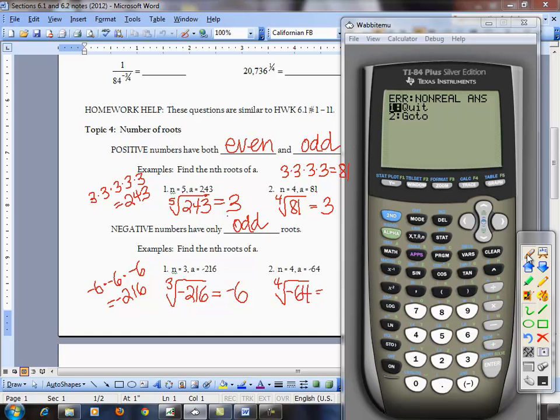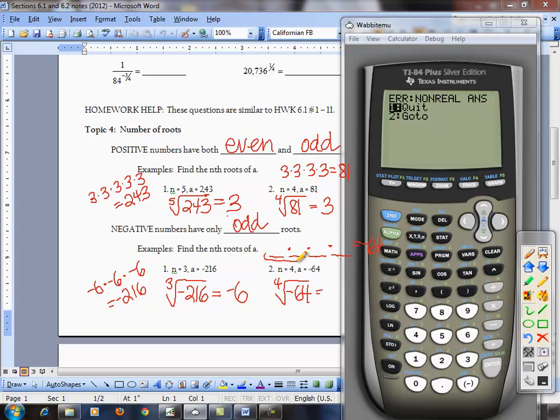What it's asking is, can I take something and multiply it 4 times and still get a negative number? Well, if it were positives, a positive times a positive is positive, times a positive is positive, times a positive is positive. So my answer couldn't be a positive answer. Our thought is the answer should be negative.